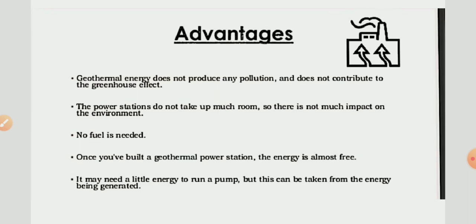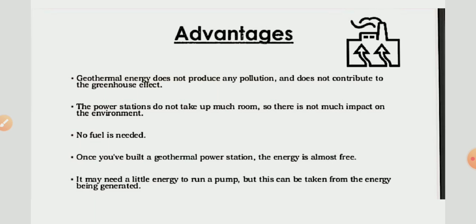Now it may need a little energy to run a pump, but this can be taken from the energy being generated. So we can say the major advantage of using a geothermal power plant for producing electricity is that steam is being made naturally, and we do not have to use any source to make the steam.